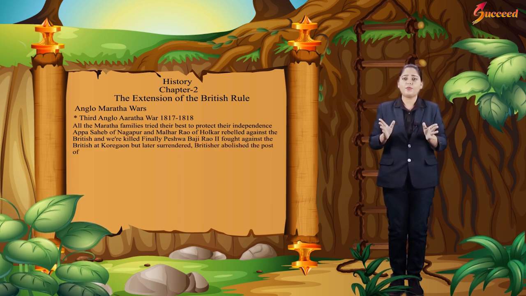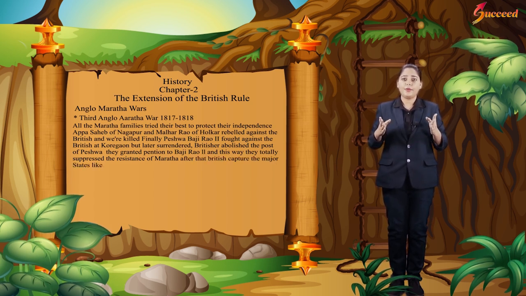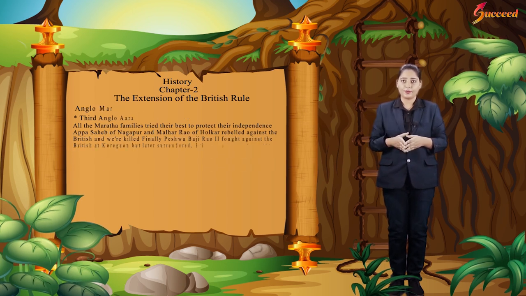The British abolished the post of Peshwa. They granted a pension to Bajirao II, and this way they totally suppressed the resistance of the Marathas. After that, the British captured major states like Awadh, Sindh and other smaller states during 1818 to 1857.